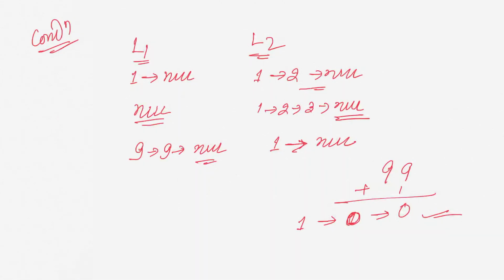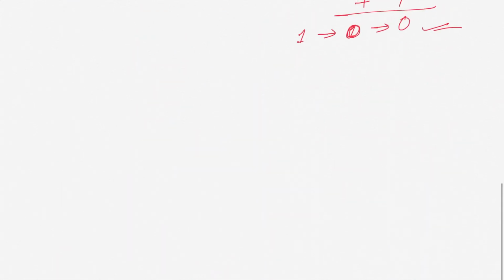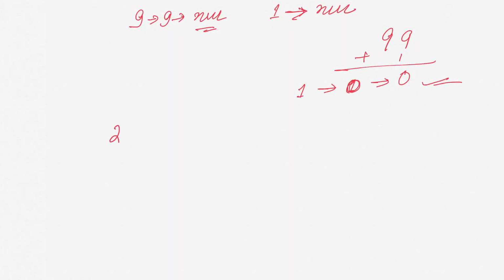So how are we going to solve this problem? Again, I'm taking the same example here. We have 2, 4 and 3, and again 5, 6 and 4.